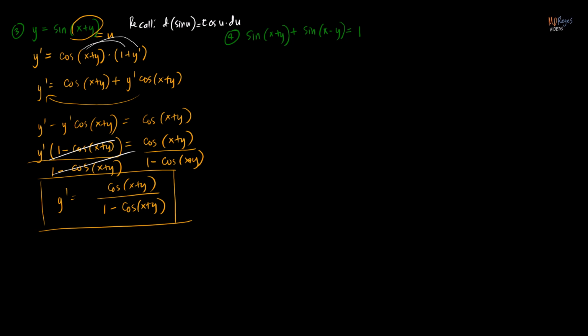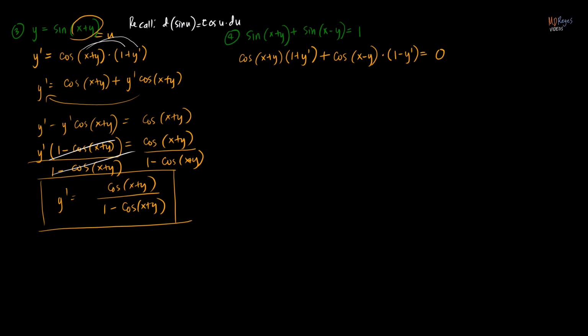The derivative of sine of x plus y with respect to x is cosine of x plus y times the derivative of x plus y with respect to x, and that is 1 plus y prime, plus the derivative of sine of x minus y with respect to x, and that is cosine of x minus y times the derivative of x minus y with respect to x, and that is 1 minus y prime, equals the derivative of the right side, which is 0.